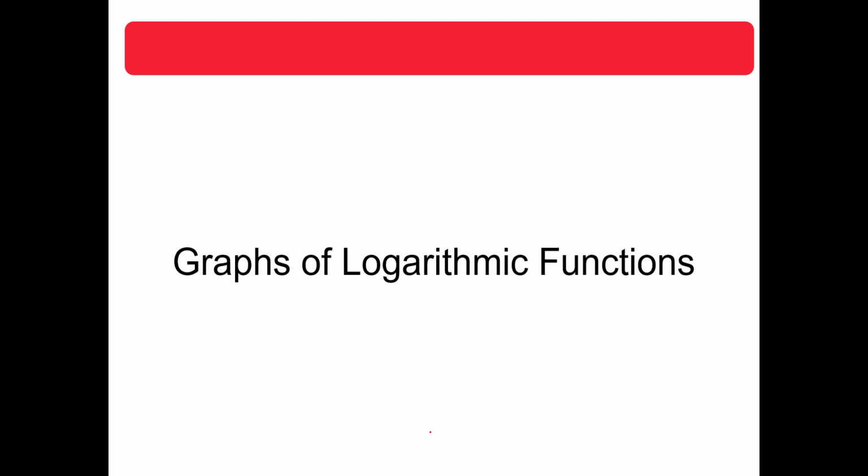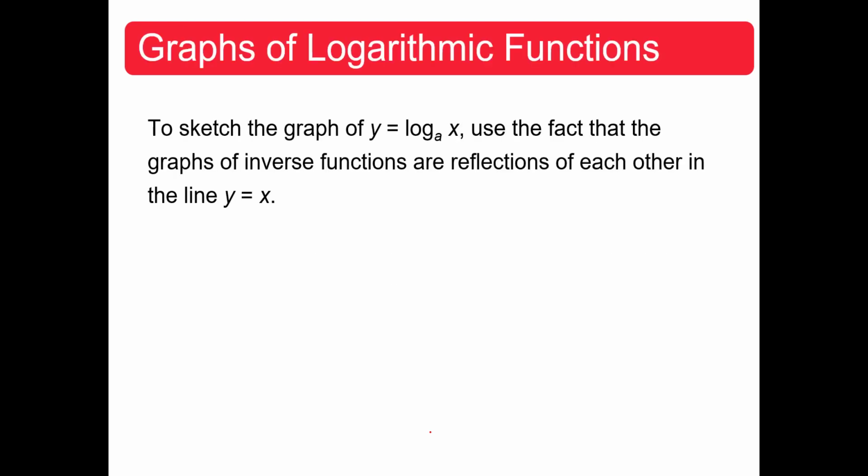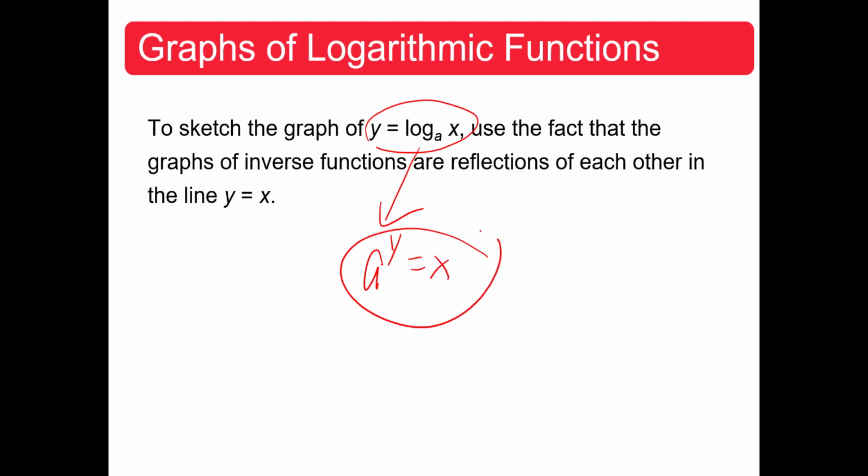Alright, now let's look into the graphs of logarithmic functions. First, we look at y equals log base a of x. We know that this is the inverse, so we can turn it back into the exponent, because a to the y equals x. Logarithm and exponent with the same base are symmetrical with respect to the line y equals x, which is called the identity function.